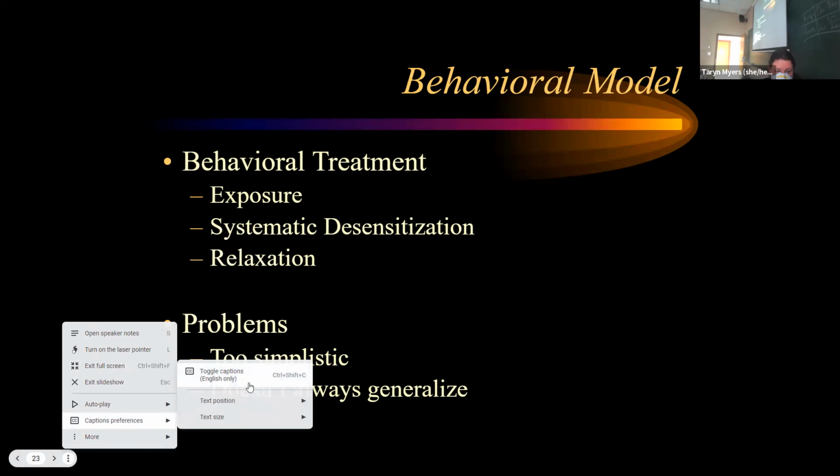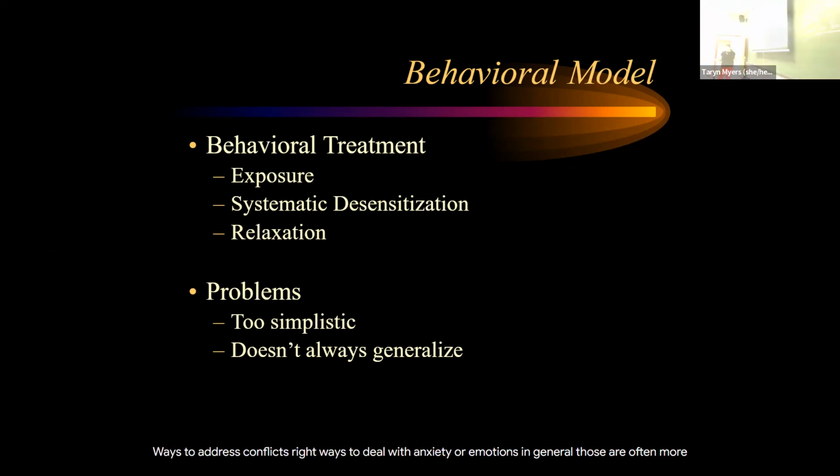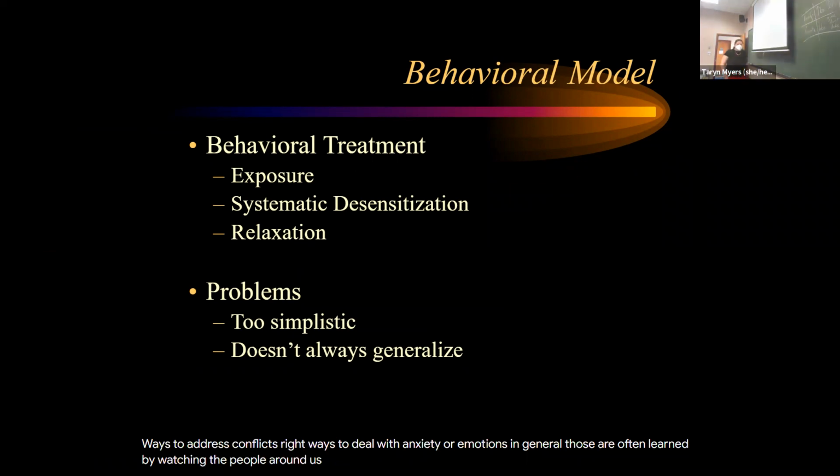But even things like ways to address conflict, right? Ways to deal with anxiety or emotions in general. Those are often learned by watching the people around us. And those can contribute to psychopathology, right? And so this becomes very important.